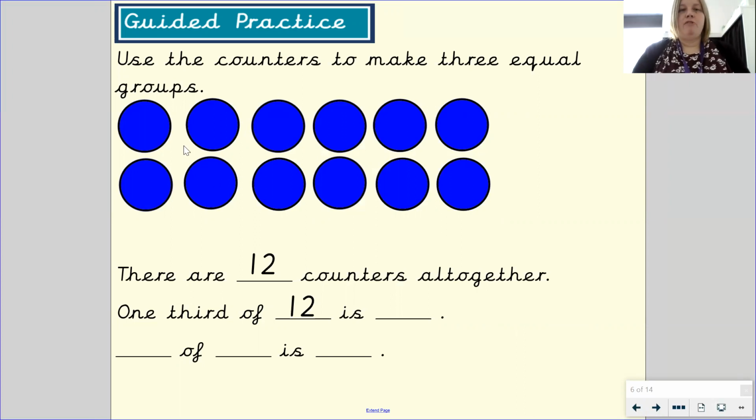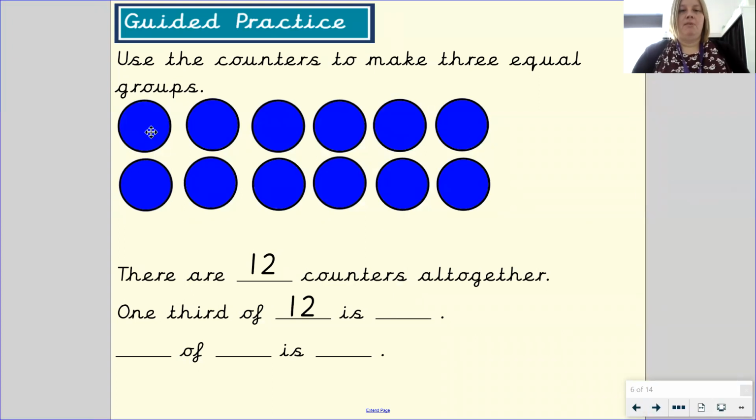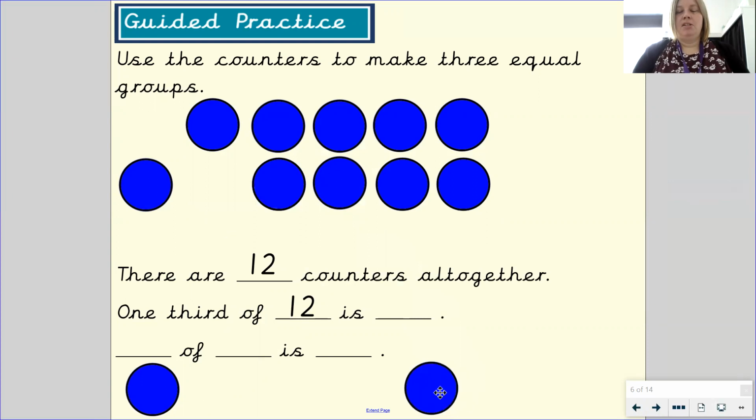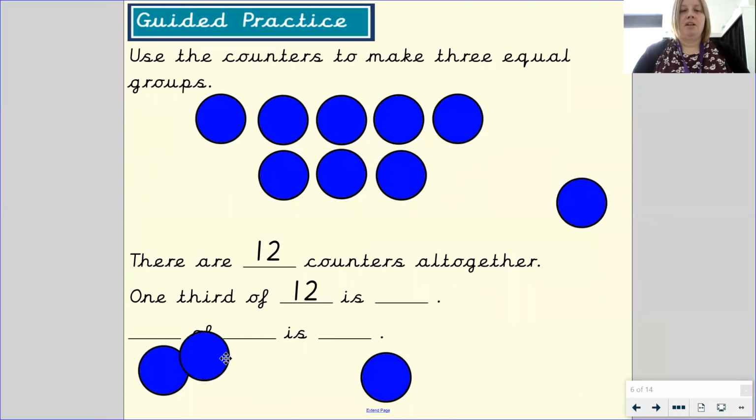So I'm going to make 3 equal groups with my counters. 1, 2, I'm going to put my third group up here, 3. I'm going to put another one here and another one here.